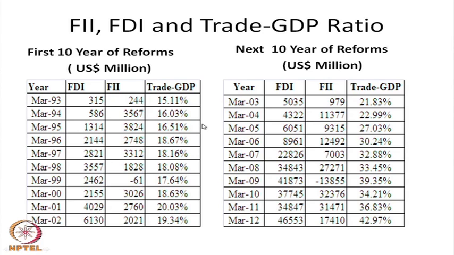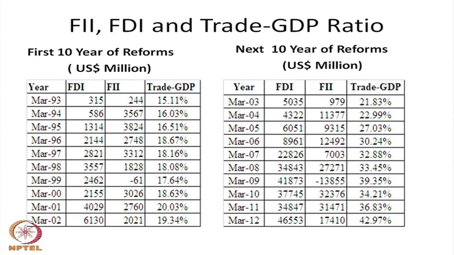So, the two periods, the period of reform and the period of consolidation, 10 years each, I have put. There is a significant change in the trade-GDP ratio, FII investment and FDI investment, which indicates the Indian economy is progressing, has been progressing towards more integration and has been integrating with the world system progressively.